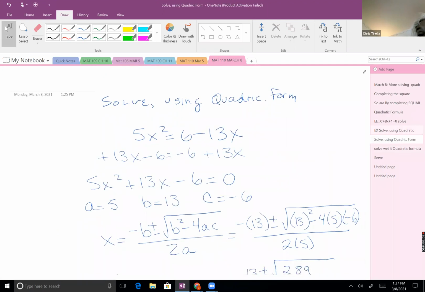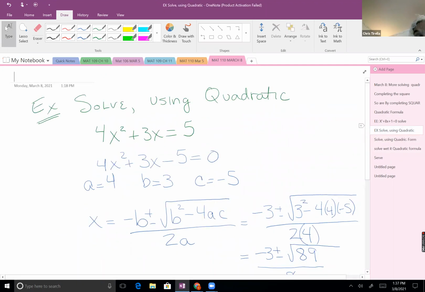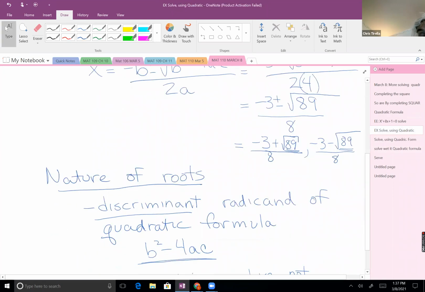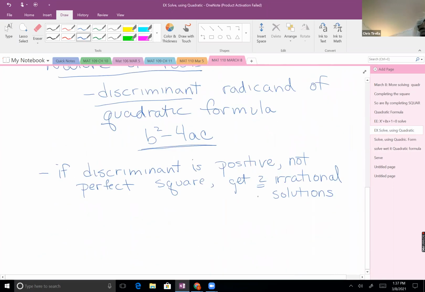And if our discriminant is positive, but not a perfect square, we get two different irrational roots. How fun is that? So just by looking at that b squared minus 4ac, we can tell what type of numbers we get.